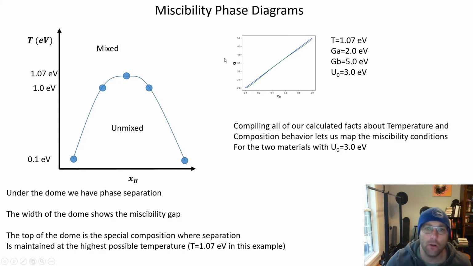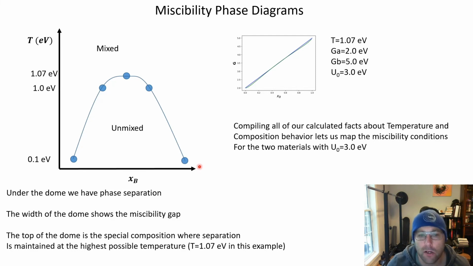So let's just take a look now at how we would think about what I just showed you in the last slide in terms of a kind of phase diagram. This is a typical convention that people use to plot this. We'll plot temperature on the y-axis and x sub b on the x-axis.